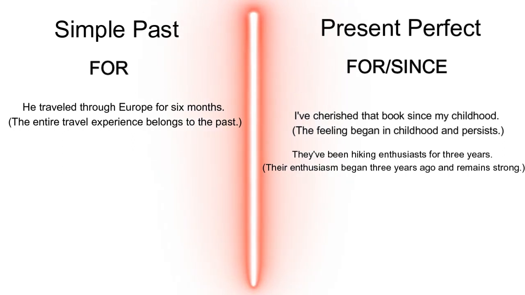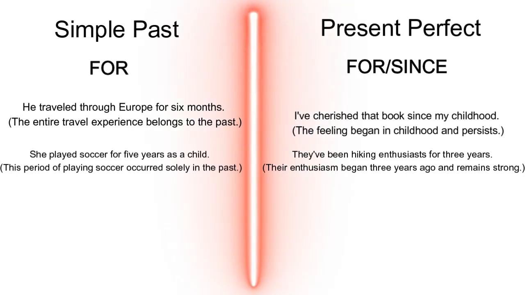The entire travel experience belongs to the past. She played soccer for 5 years as a child. This period of playing soccer occurred solely in the past. Conversely, since isn't customarily paired with the past simple for ongoing situations, as past simple refers to completed actions.